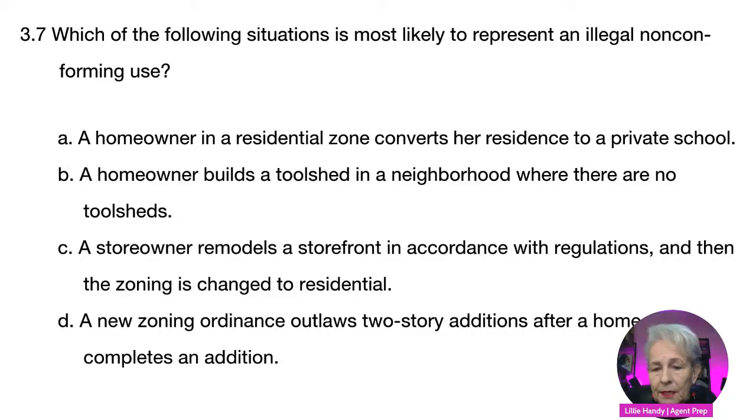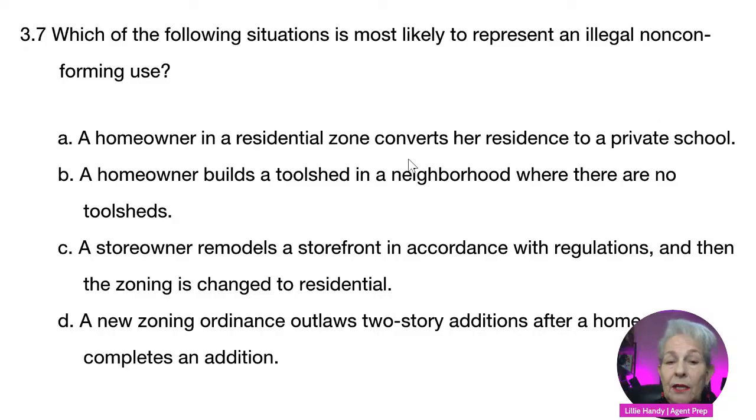So what is the answer for 3.7? The answer here is 3.7A. A homeowner in a residential zone converts her residence to a private school. That is illegal non-conforming.